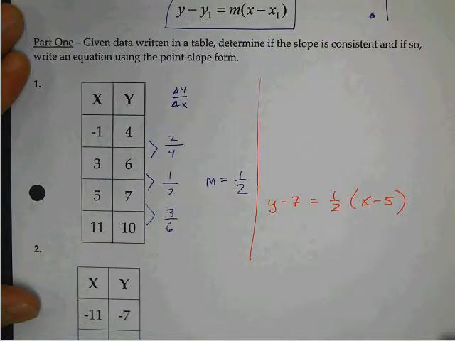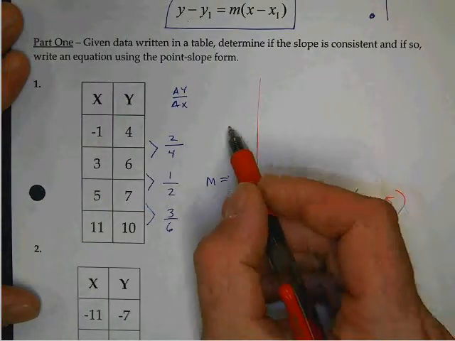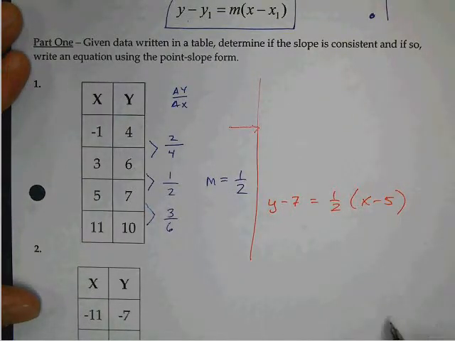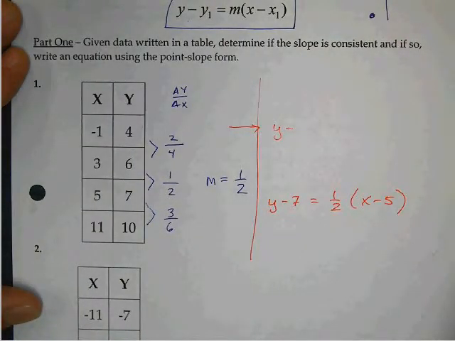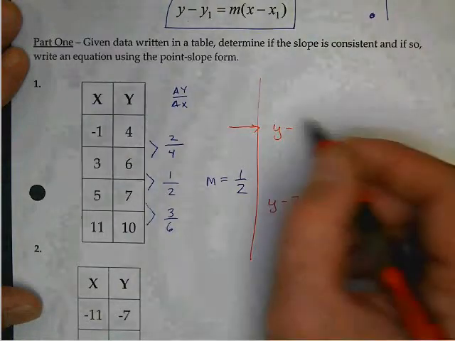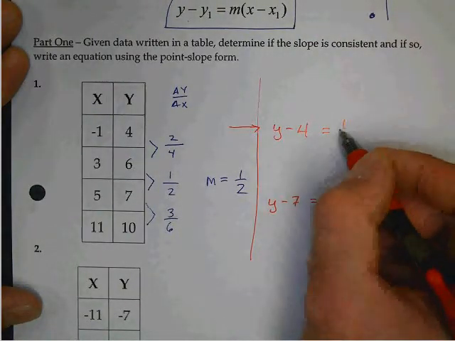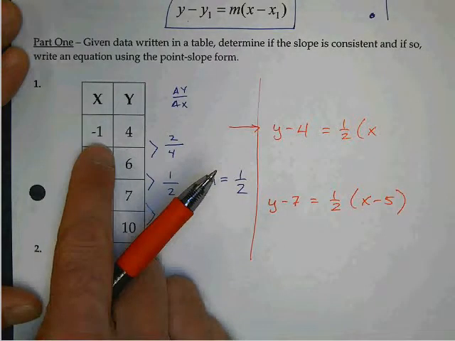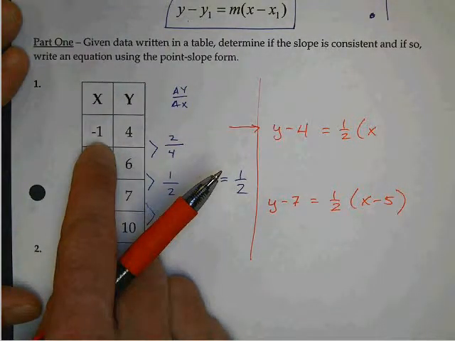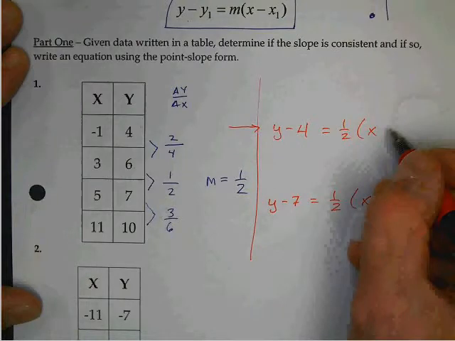Who can help me? One of the other 3 answers that are correct. Like, who can use the first point? What would it become? What's the y value? Y minus 4 equals 1/2 times x. Instead of minus 1, I have minus a negative 1, so that's plus 1.